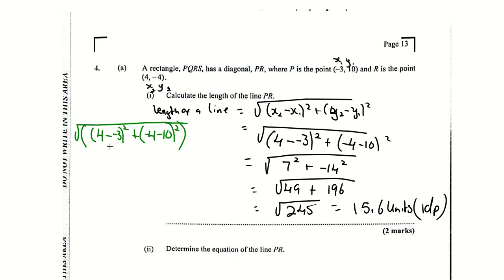That tells the calculator to solve negative 4 minus 10 squared and 4 minus negative 3 squared first.